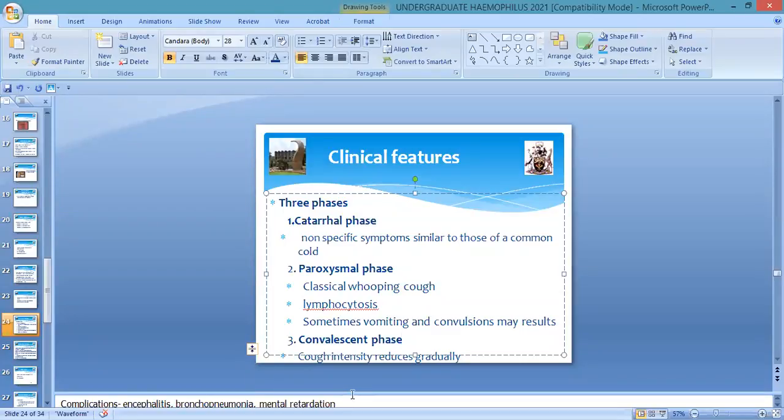But depending also on the state of the patient, the infection can progress on to other stages where you have a lot of complications, and these complications may range from bronchopneumonia to mental retardation and also encephalitis.